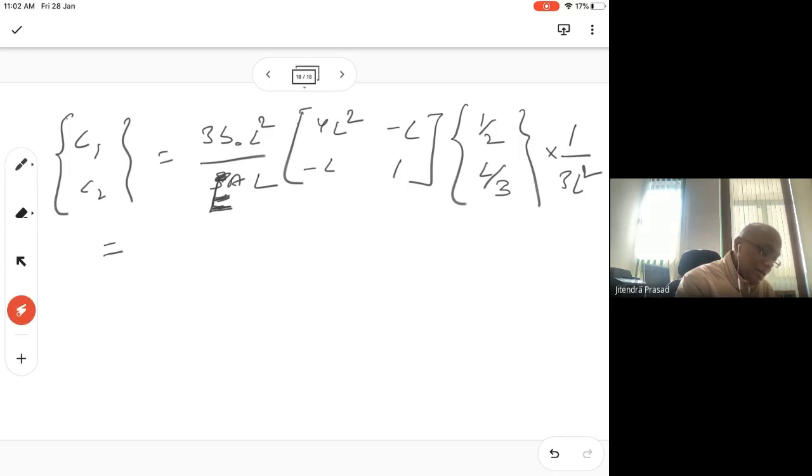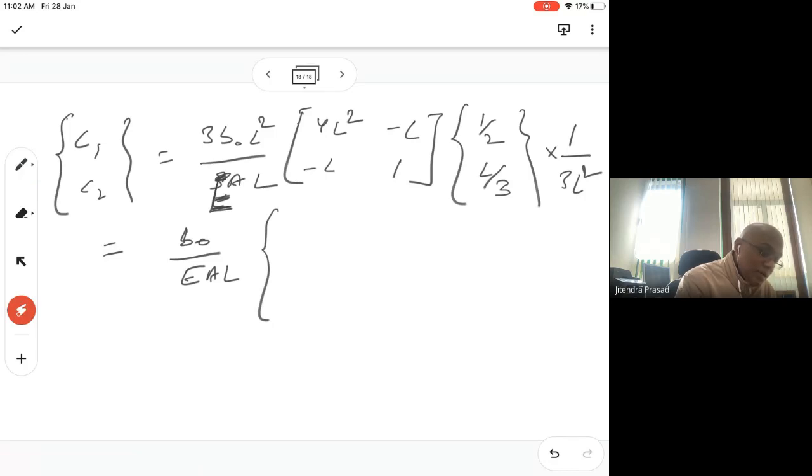So what you get here is 3L square. So B naught over EAL is there, and then this one takes care of this, and then we simply multiply this one. And what do we get? We get like this.